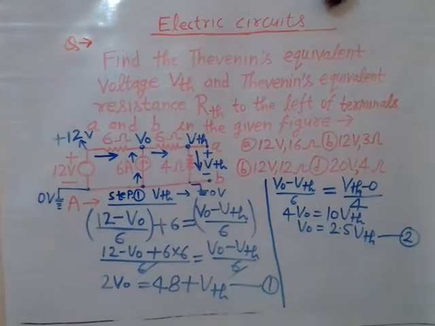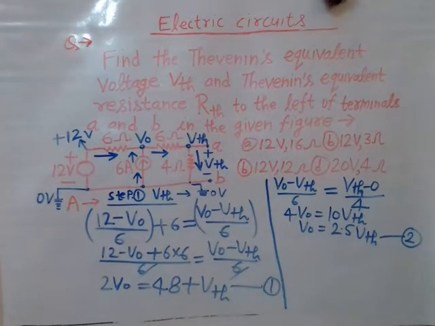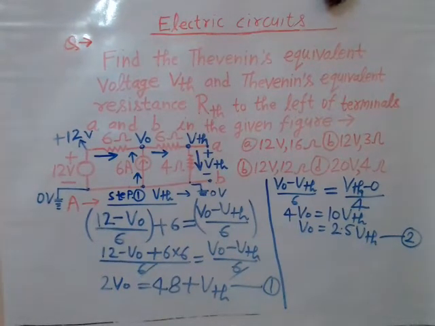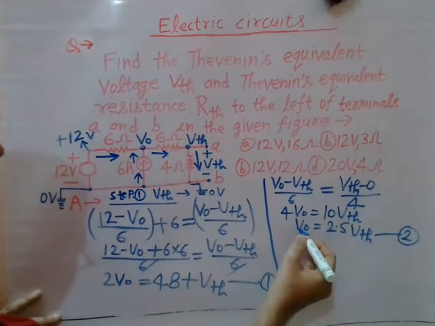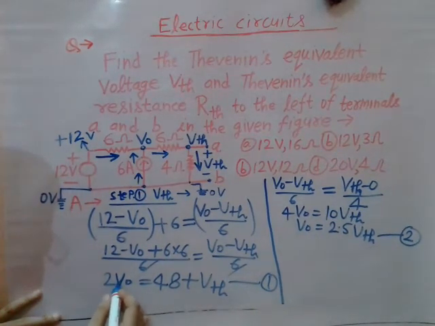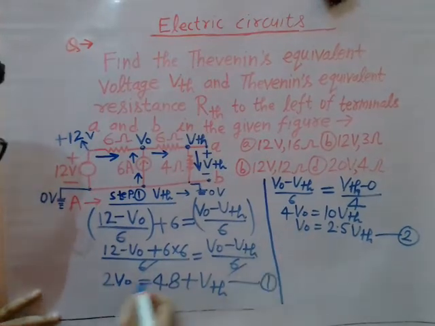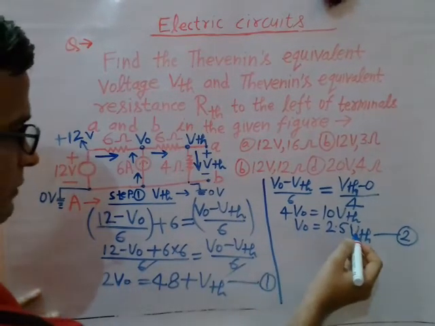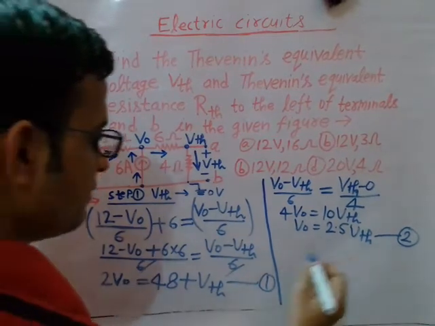Now you get 2 equations and 2 unknowns. You can now easily find out V naught and VTH, both the voltages, right? So just put this value of V naught, which is equal to 2.5 VTH, in this equation number 1. So 2 V naught is 2.5 VTH, so 2 V naught becomes 5 VTH.